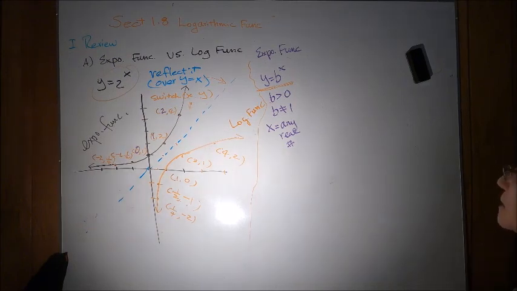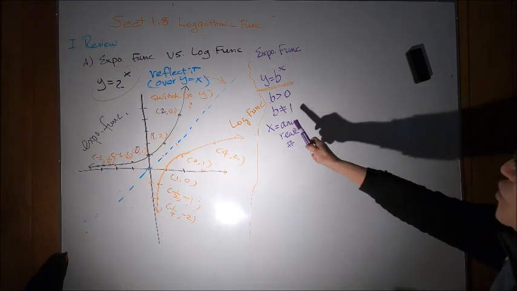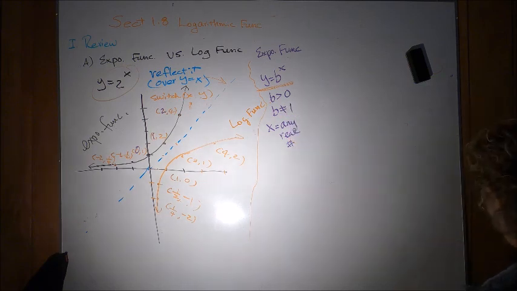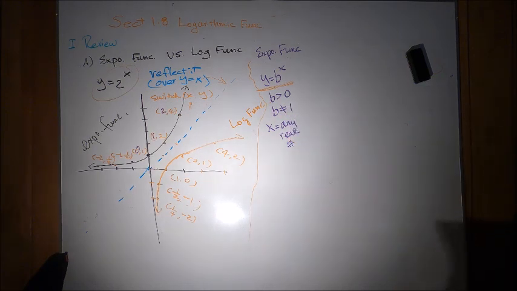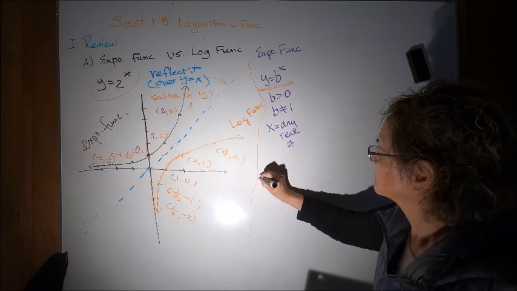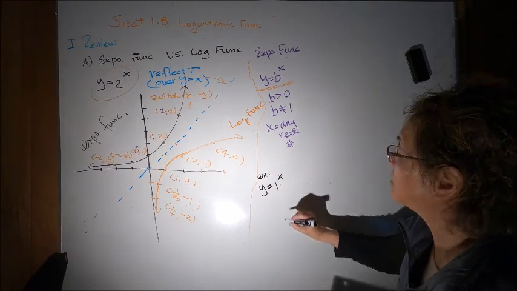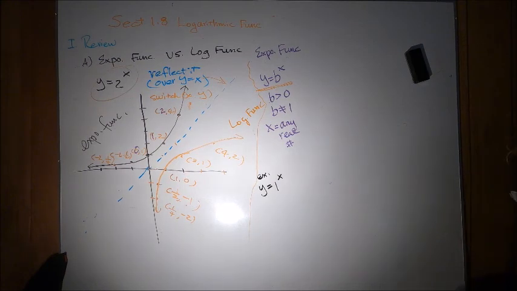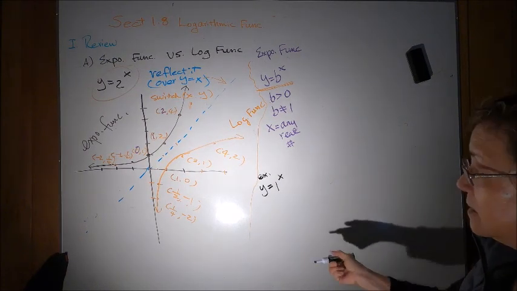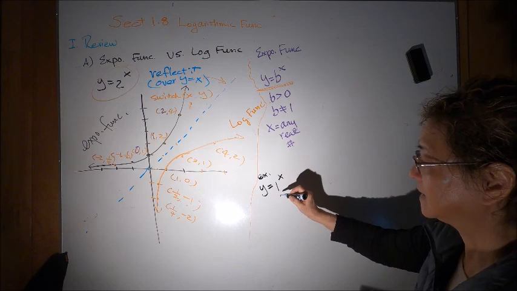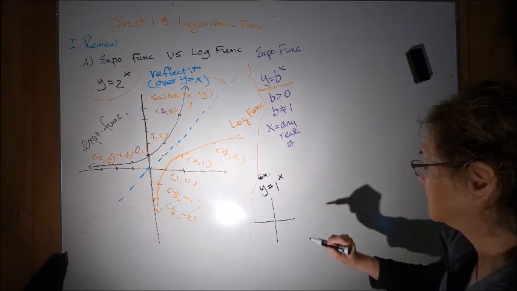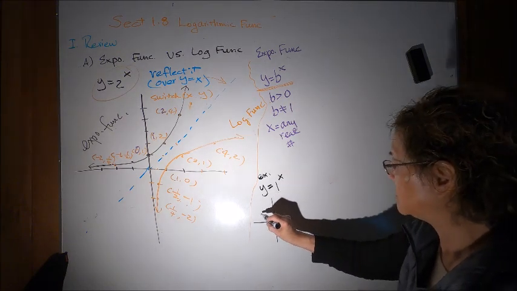Okay? And why don't we use base 1? If you have y equals 1 to the x power, 1 to any power would be what? 1, right? So it doesn't matter what x is, y is always 1.